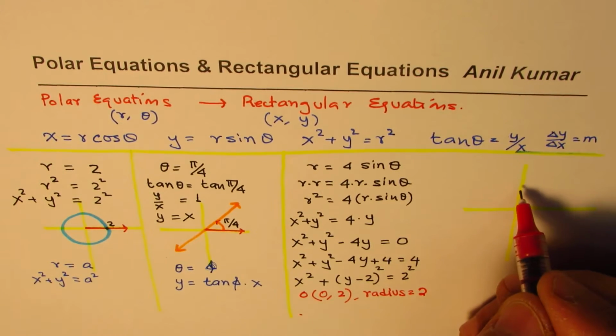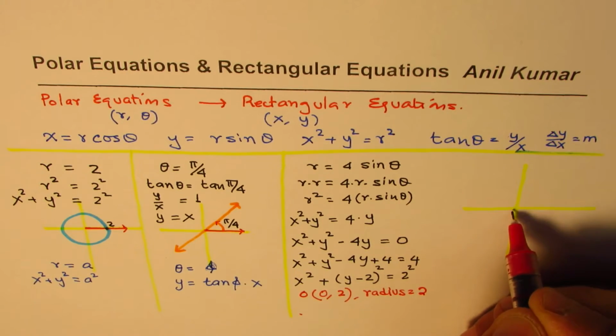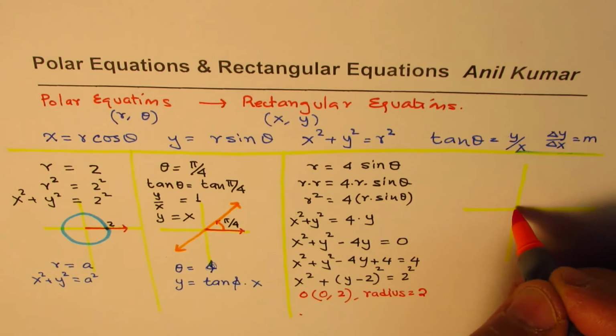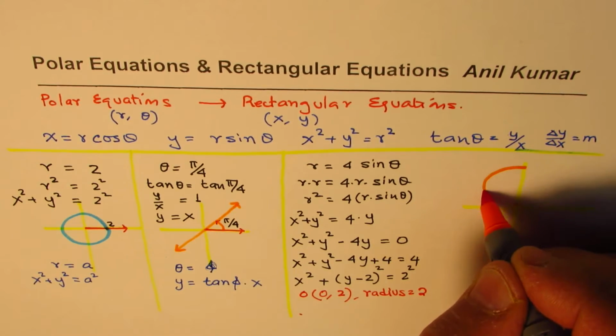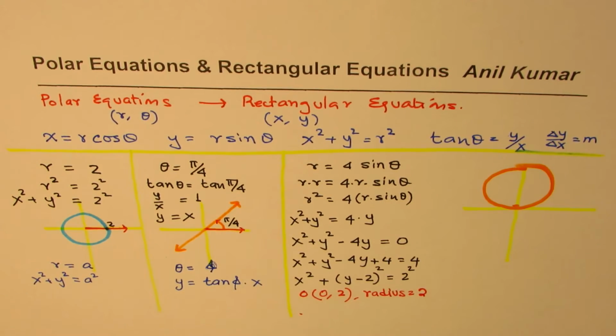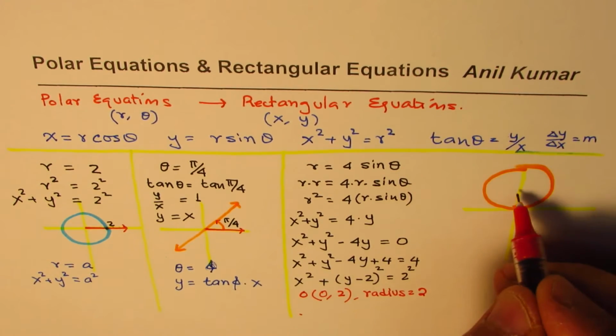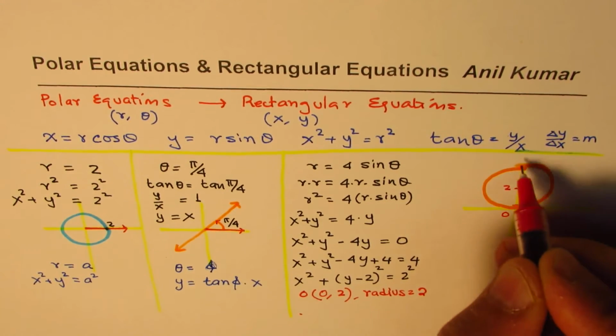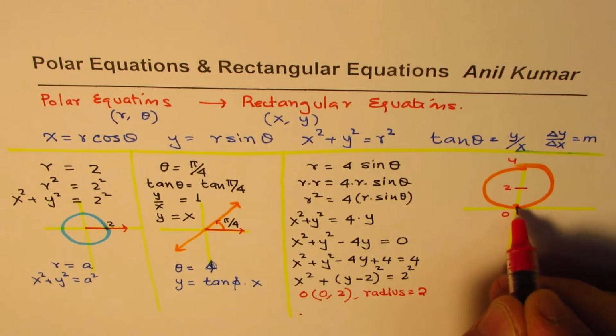So 0 and 2 means somewhere here 2 units away, and a radius of 2 means I could make a circle right there, okay? So we have a circle here, with the center at 2 and radius 2. So this becomes 0, that becomes 4 for us. Is it okay?